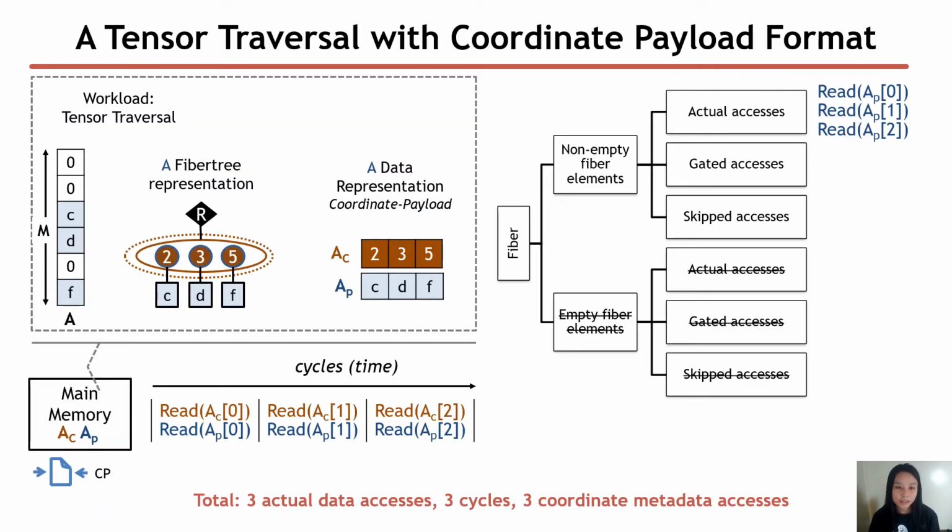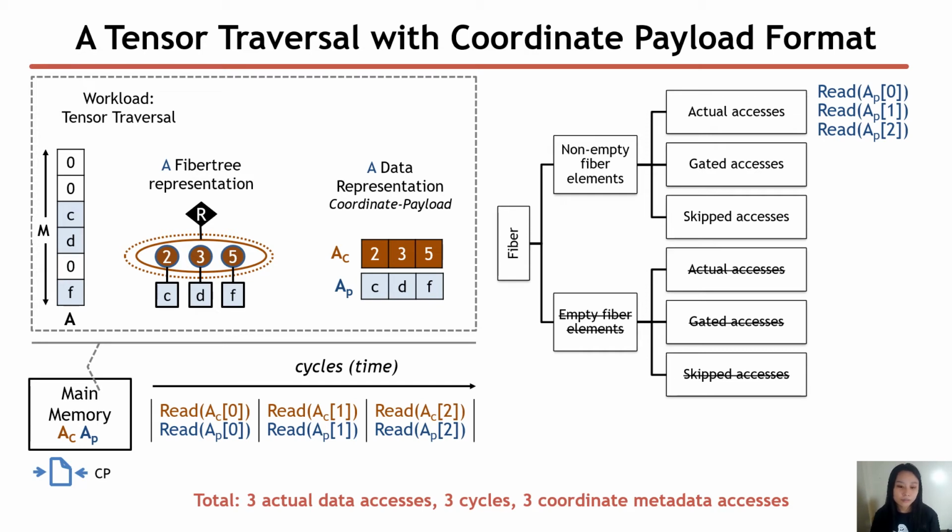So let's take a look at an example. This is a simple traversal of tensor A because really when you're picking a compression format, it doesn't matter what the other tensor is represented in. So we are only looking at the tensor A and we are looking at the traversal of it. And as you can see here, we are representing A as a coordinate payload list.